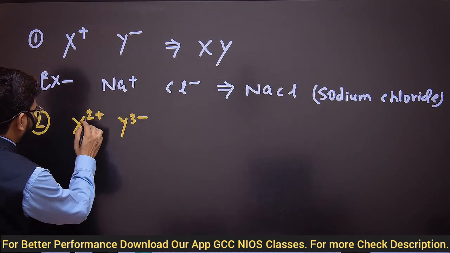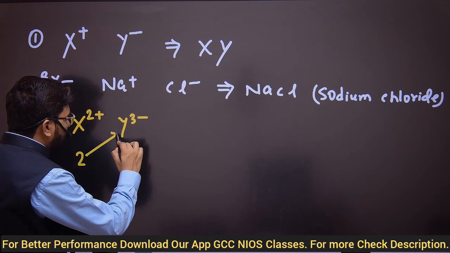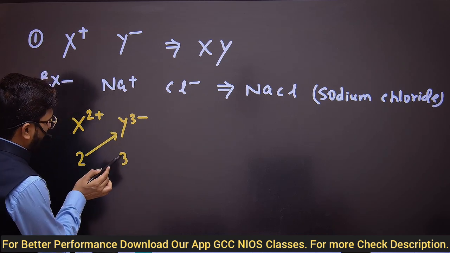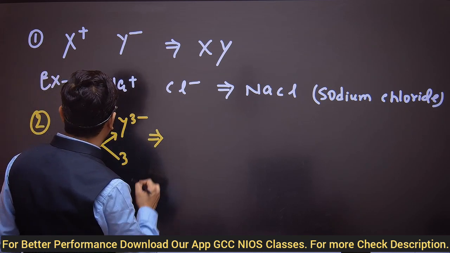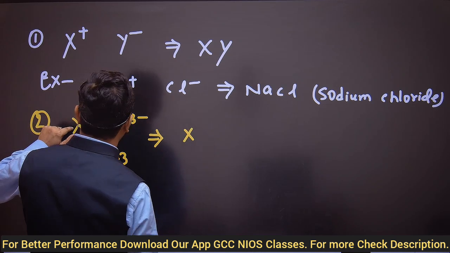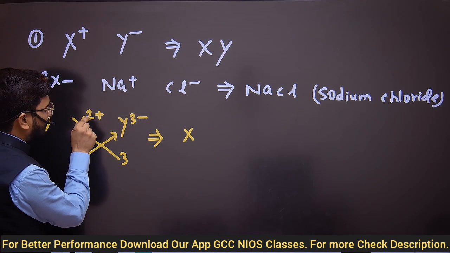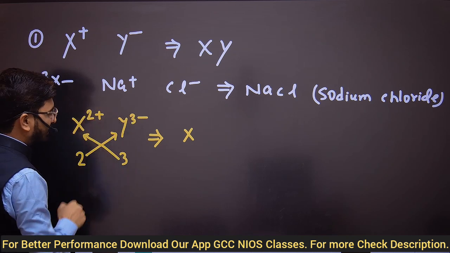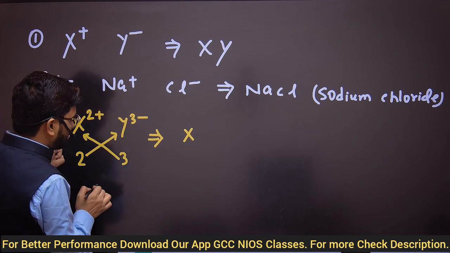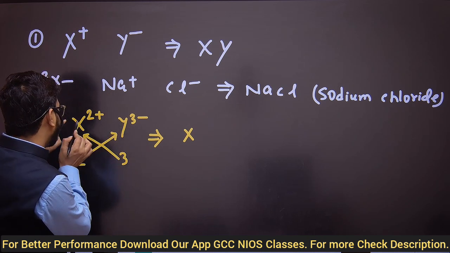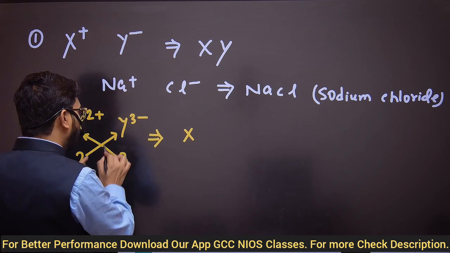Let's see. It's 2, it's 3. 2 will go to the negative ion and 3 will go to the positive ion, this one. And this is the formula X. Now, ignore the top corner written values and focus here, because the valency of this negative ion, 3, will go with this positive ion, and the valency of the positive ion will go with the negative ion.